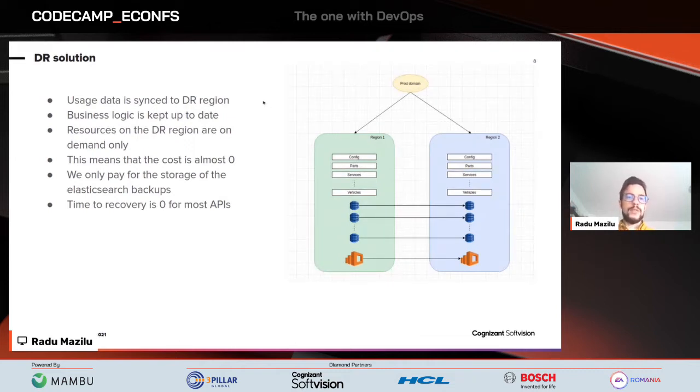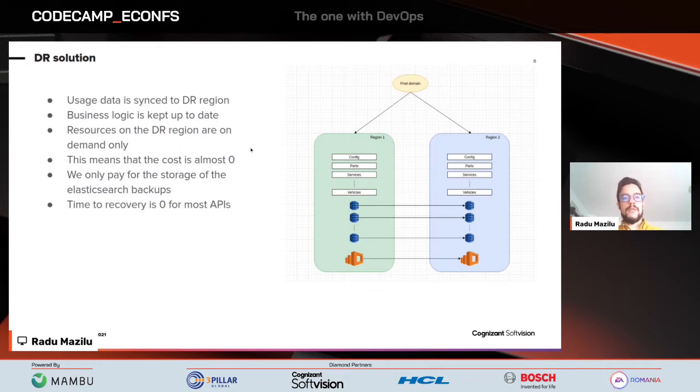Okay, so what this solution provides is the data is synchronized to the other region with DynamoDB and Elasticsearch. Business logic is kept up to date. What this means is that when we update the code for the Lambdas in the main region, we also do it for the secondary region. So in the event of a switchover, we have everything up to date, up to speed.